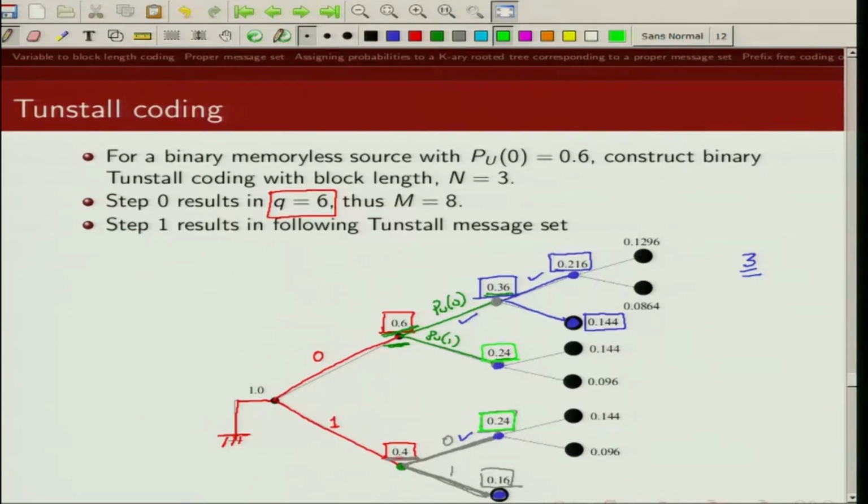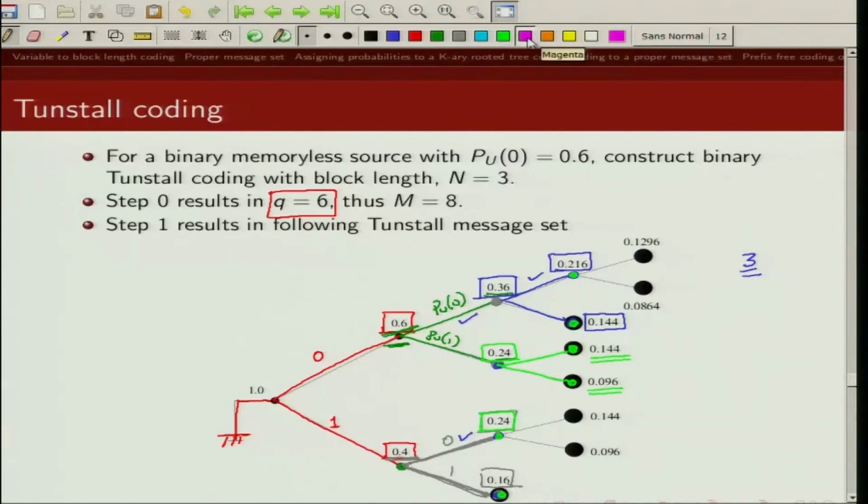Let's extend this one. I do that, I get this, and similarly I can calculate these probabilities. This is 0.24 into 0.6 and this one is 0.24 into 0.4. So at this point, after 4 extensions, I have this node, this node, this node, this node, this node and this node.